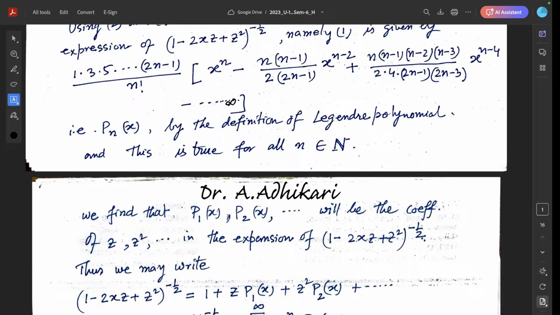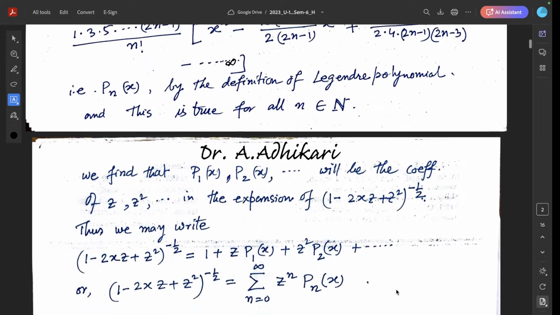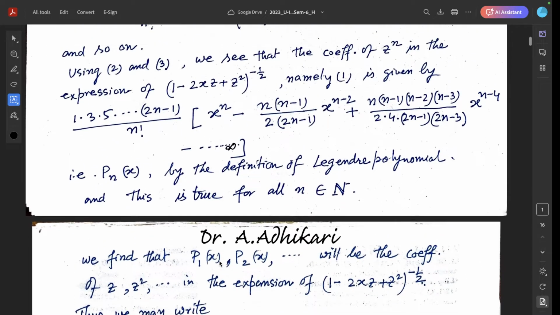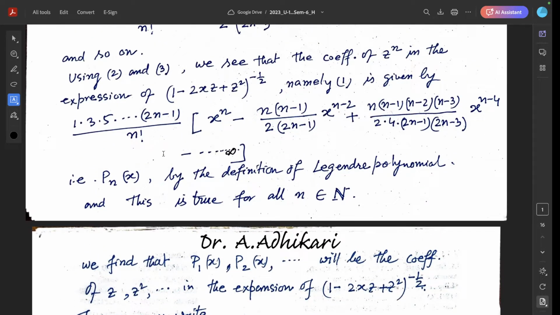And now we find that P1(x), P2(x) will be the coefficient of z squared in the expression of this. That's why we may write (1 minus 2xz plus z squared) to the power minus half equal to 1 plus z P1(x) plus z squared P2(x) plus and so on. So this expression is the coefficient of z to the power n, which is Pn(x).